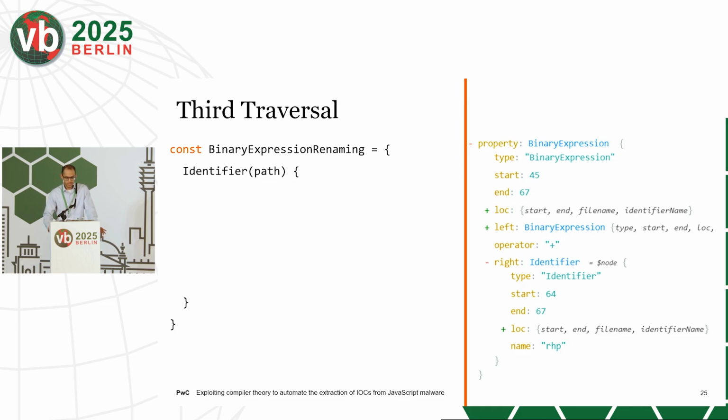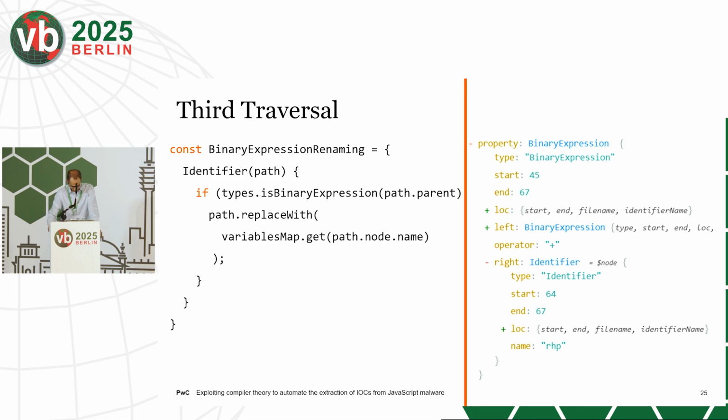But to ensure that we only edit the identifiers that we want to replace, we check that the parent is a binary expression using the types package we imported earlier from Babel. As I mentioned previously, it lets us verify the types of nodes in an AST. And as long as the conditions match, we perform the replacement.